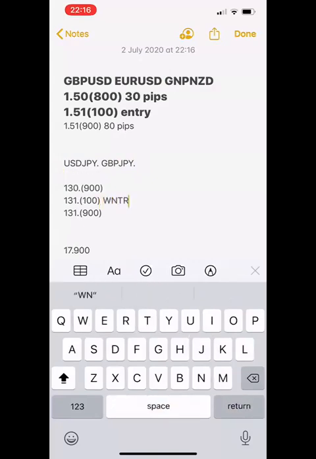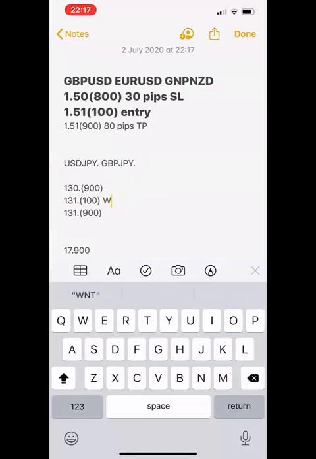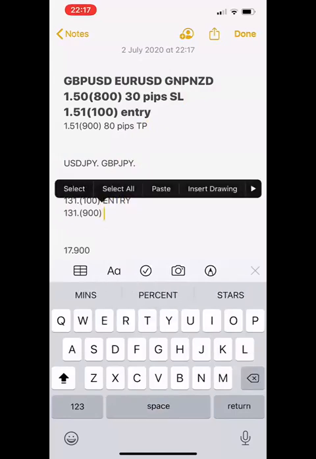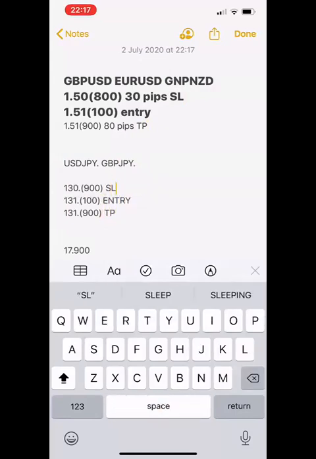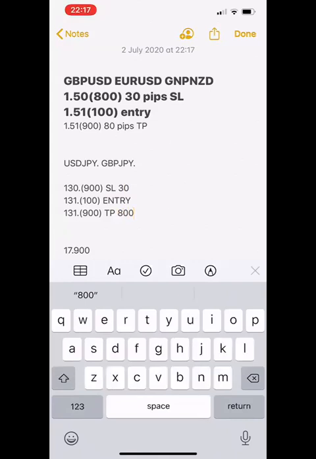So entry, stop loss, take profit. That's my entry, TP, stop loss. So my stop loss is 30. My take profit is 80.